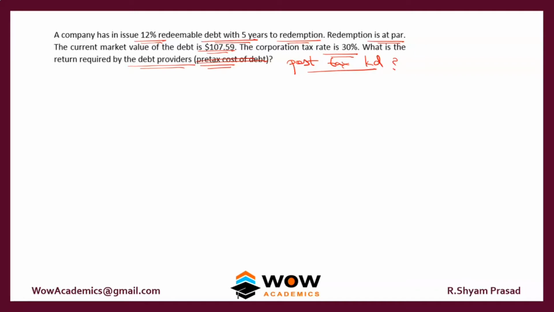So we'll start now. Our job is to find out the IRR. So how do we find out IRR? It works like this. We'll start with the table. We'll have the year, the cash flow, and the discount factor at, which is what we have to find out.